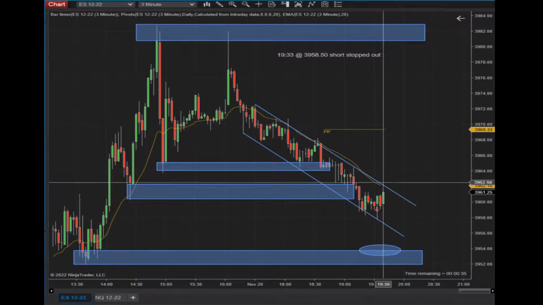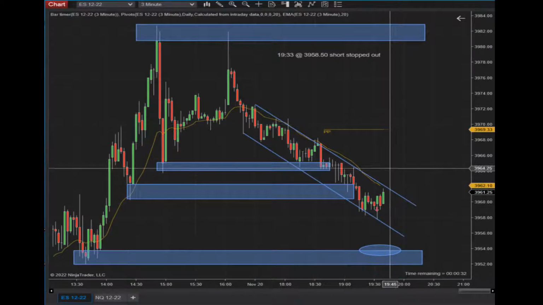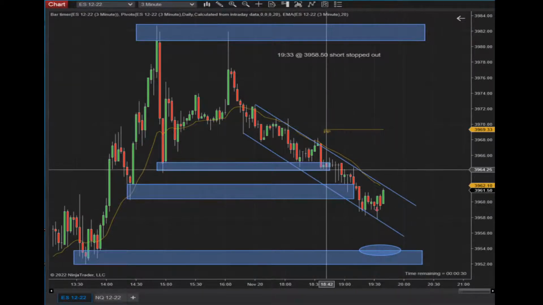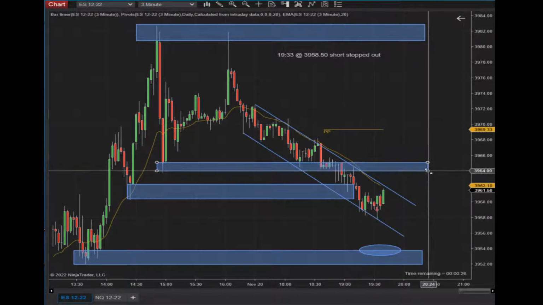Now, if it breaks through this, then there may be some chances to go long.